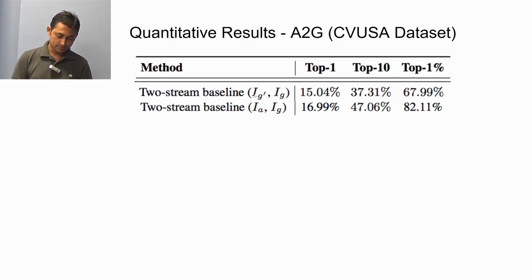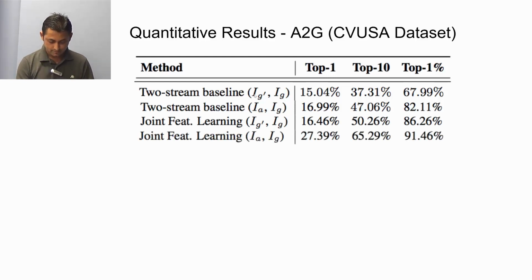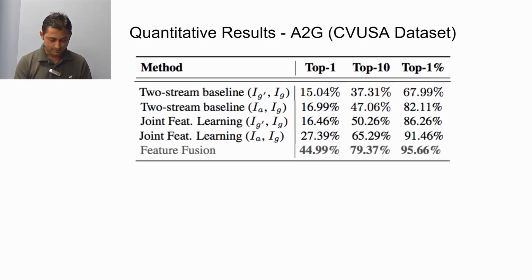When we use the two-stream network with aerial image as it is, with the ground images, these are the numbers. When we use joint feature learning, we have two combinations that give us these numbers. And finally, when we use the feature fusion, we get numbers which are very consistent with the ground to aerial matching. So all of these numbers follow a similar pattern to the other direction.